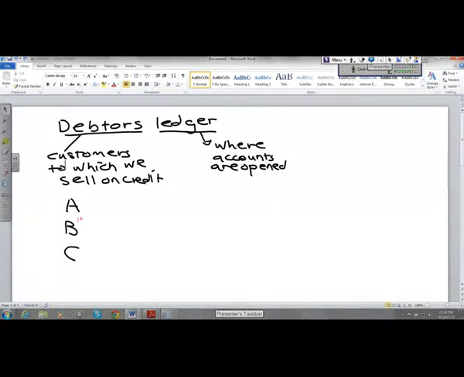Firstly, let's remember what a debtor's account really entails. In accounting, we have T accounts. So let's go back to the principles.